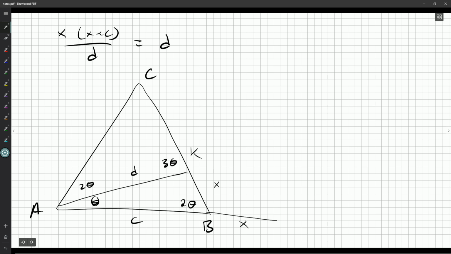Now, if I'm going to extend this, I want another triangle. What sort of another triangle? Like, do I want to keep this A here, or this theta here? I guess we couldn't put theta up here or anything.